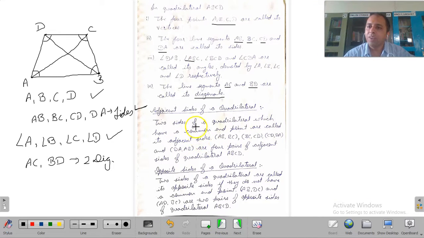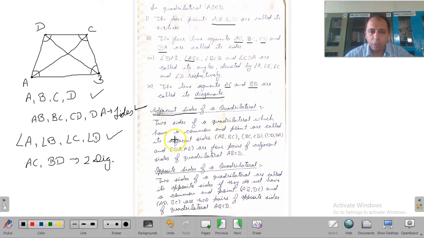For example, DA is ending at A, BA is ending at A also. Similarly, AB is ending at B, CB is also ending at B. So if two sides of a quadrilateral have a common end point, then these sides are known as adjacent sides of a quadrilateral.